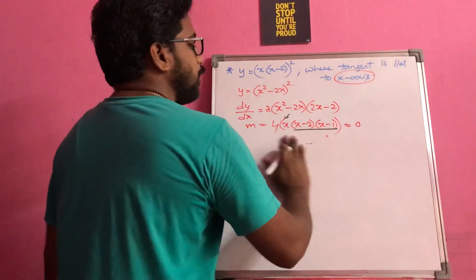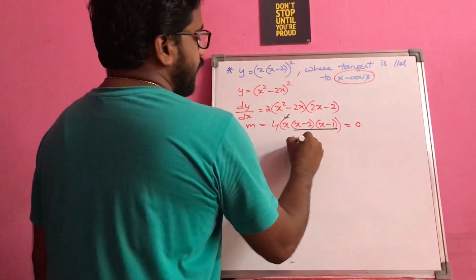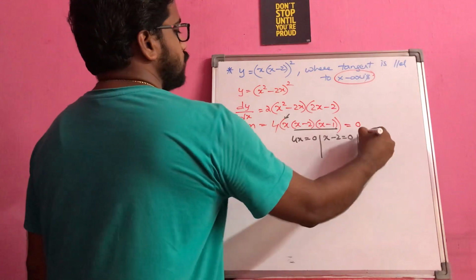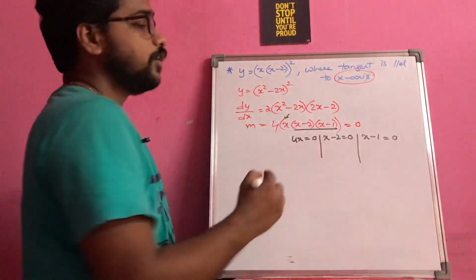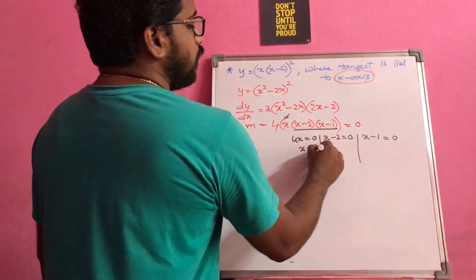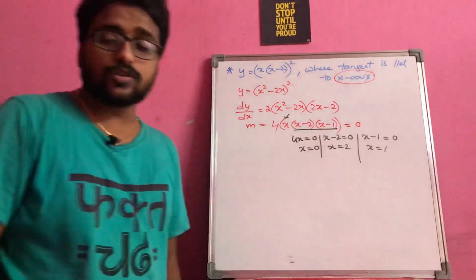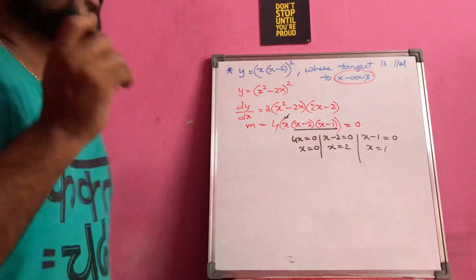Whenever you are having a product of 3 or more terms equated to 0, it indicates that individual terms are equal to 0. So that means 4x is equal to 0 or x minus 2 equal to 0 or x minus 1 is equal to 0. That is how you are getting the value of x as 0, 2 and x is equal to 1. So in a hurry, students will usually tend to forget that 0 from the solution.